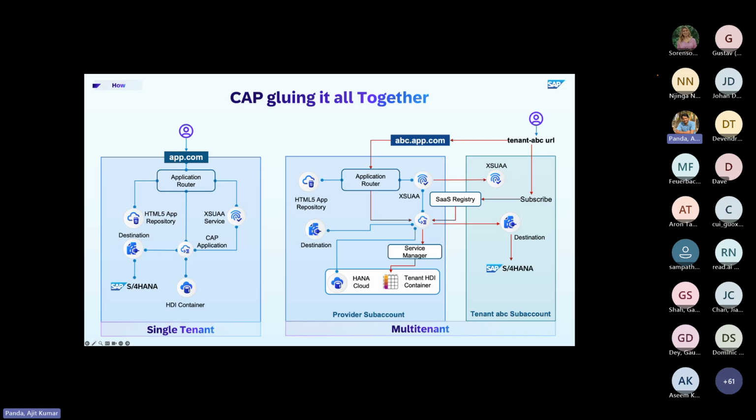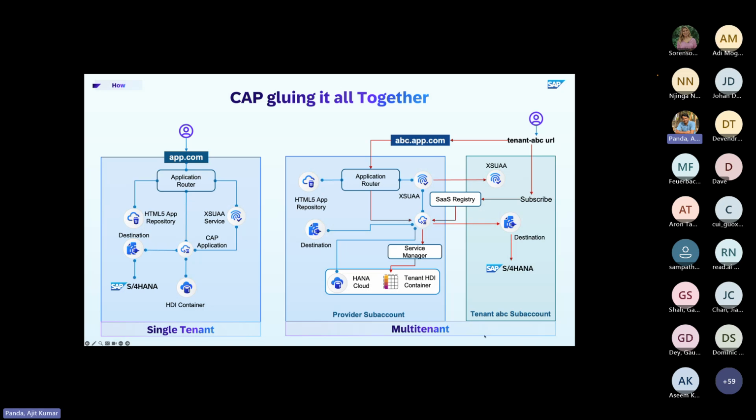The customers are accessing the application, and it reaches the application router, which uses the XSUAA service instance to authenticate and authorize, and then forwards the request to your backend CAP application, which brings the data from your dedicated HDI container or the HANA Cloud database, fetches data from the customer's, let's say, SAP S/4HANA system via destination service, and shows it on the user interface. It's pretty straightforward, right? Because you have a single instance of software running for each individual customer.